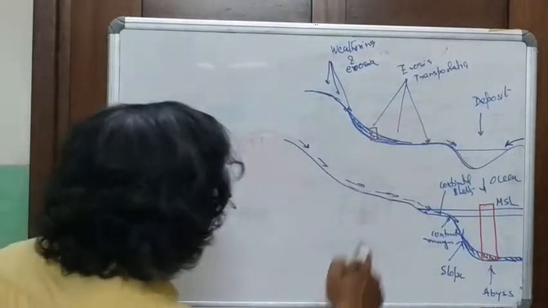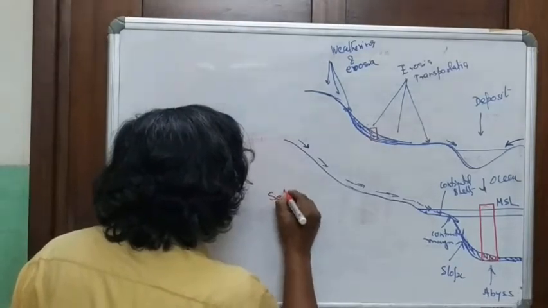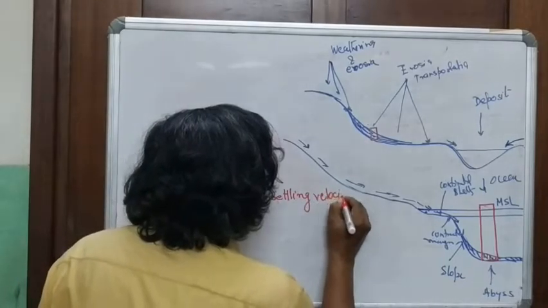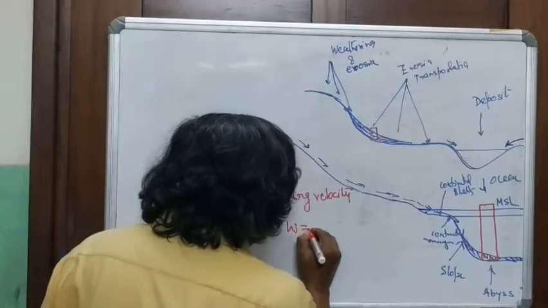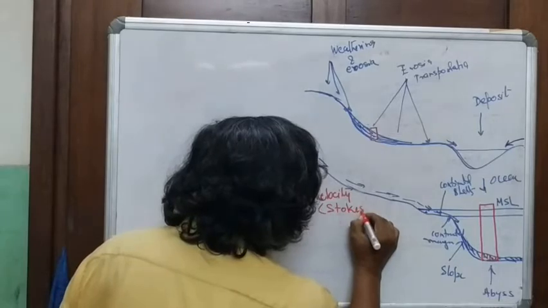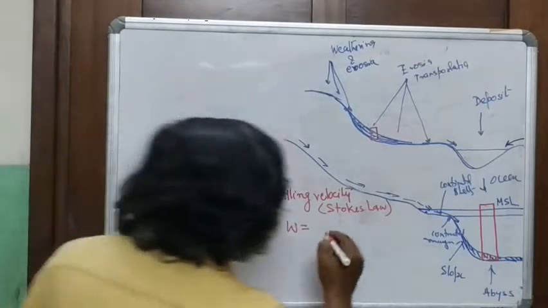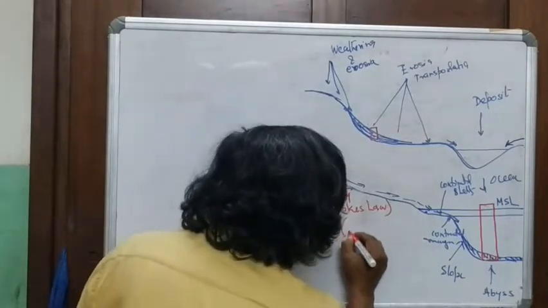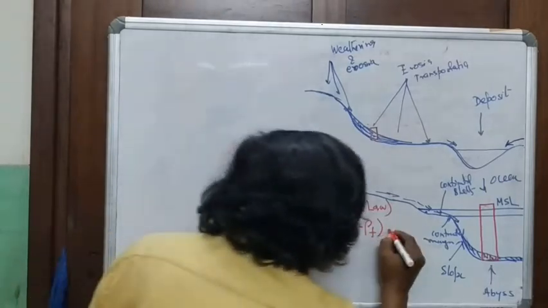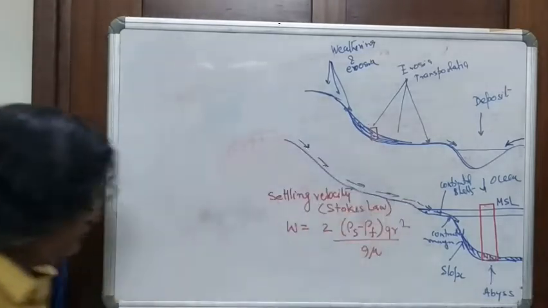Now we come to a term which is called the settling velocity, which is given by what is called Stokes' law, where W is equal to 2 times (rho solid minus rho fluid) times g times r squared, divided by 9 mu.